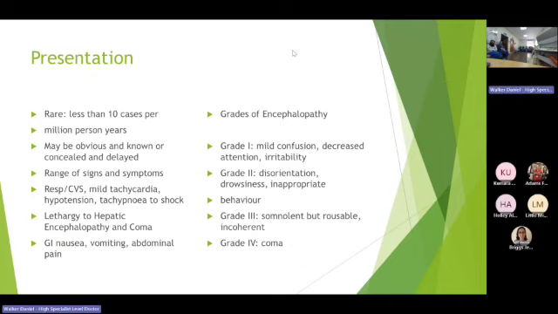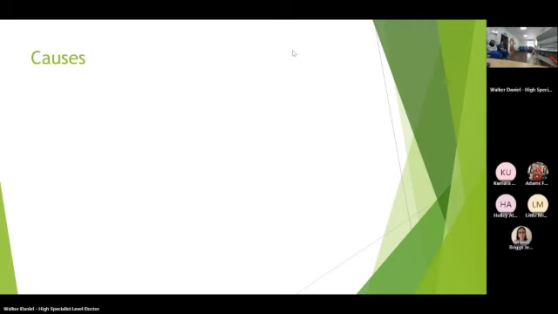So grades 1 to 4, where 4 is essentially coma and decreasing state as we go. Grades 3 and 4 will tend to be when we start getting referrals for ITU. Grade 2 occasionally, if they're really difficult to manage or have other things going on.